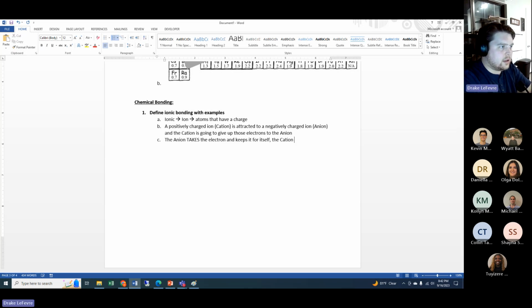The cation gives its electron to the anion. And now because one is positive and the other negative, they get attracted to each other and form an ionic bond.